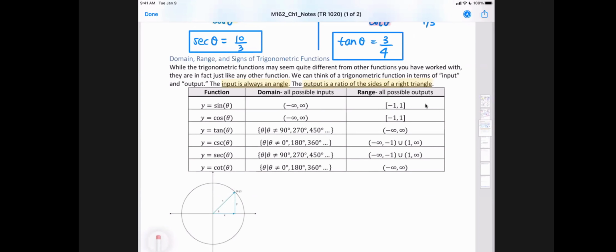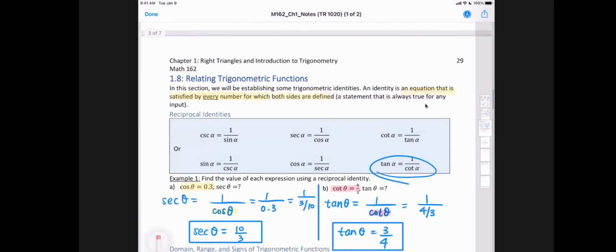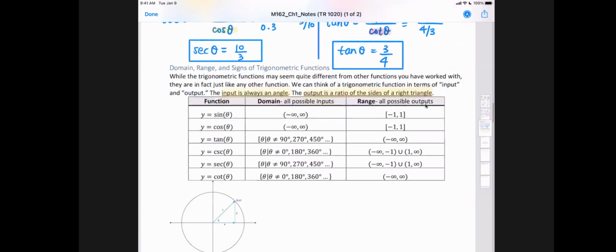Just like in college algebra, when you graph a function like x squared, here's x and y, you can find the domain and range by looking at the graph and the possible x coordinates and possible y coordinates. We're not there yet. So when you do the homework, I suggest that you have this table on page 29 open and just match it up for the homework, and you'll see the reason why in chapter 2.